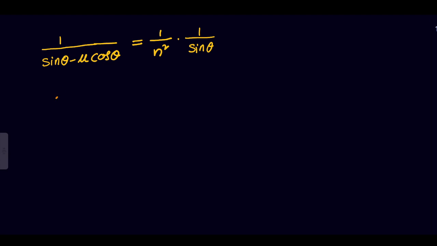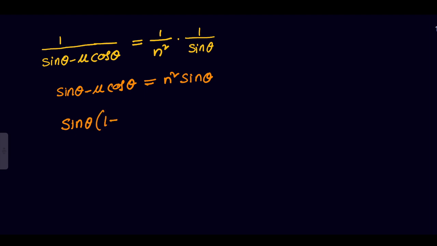So we'll come to sine theta minus mu cos theta, which is equal to n square into sine theta. Bring it here, so then sine theta we have taken common.